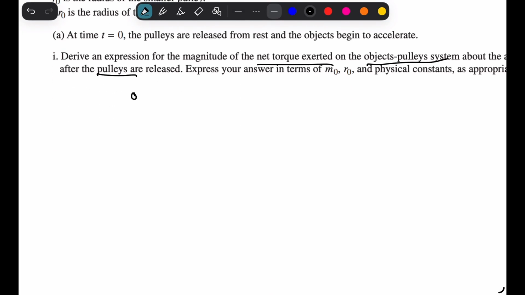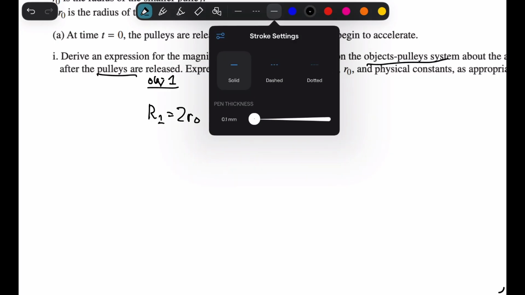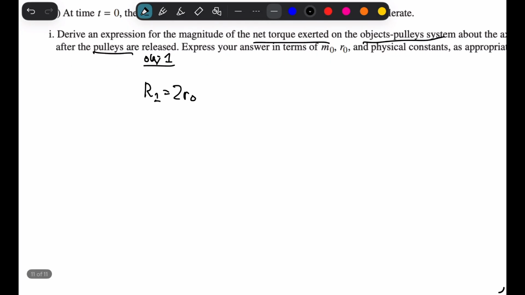So then we know that object 1 is on the larger pulley, so we have that R1 is equal to 2R initial. So we know that the weight FG1 is equal to M initial G, and then we can find the torque 1, which is equal to R times F sine of theta.